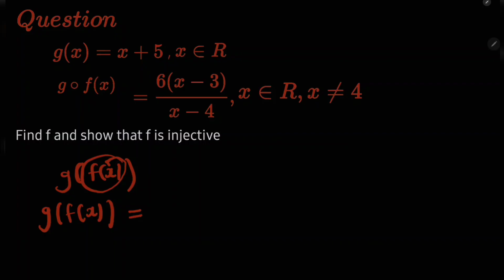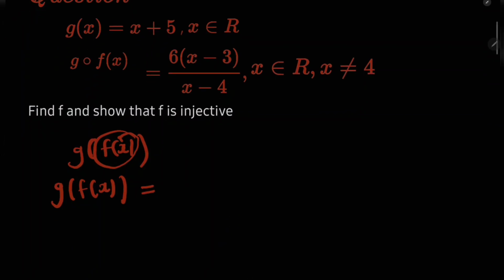But here we are going to substitute the f of x in the g of x function like that. So our g of x is x plus 5. We are going to take this f of x and substitute it for x in the g of x function. So we are going to have f of x plus 5.